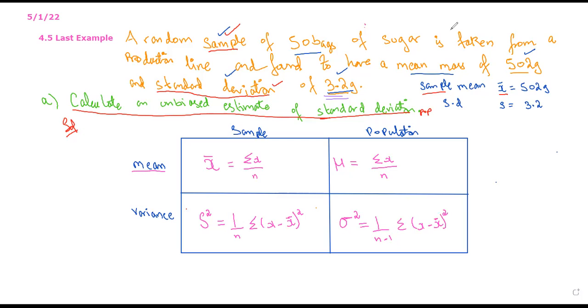So the only difference in both these formulas is n and n minus 1. These are all the formulas. Just note them down and you will get comfortable with them, don't worry. Use any trick or tip to learn these formulas. For mean, the formulas are the same. For variance, there's only a difference in n and n minus 1.